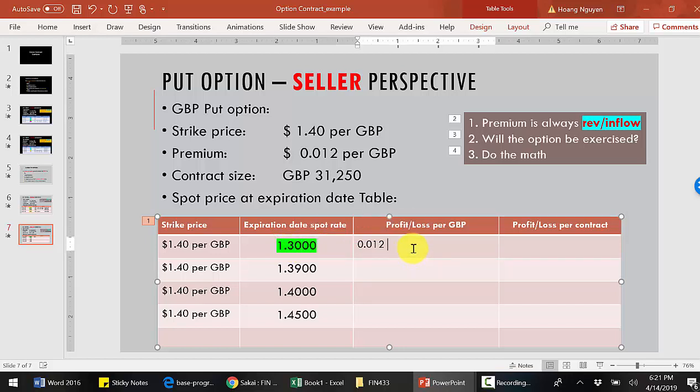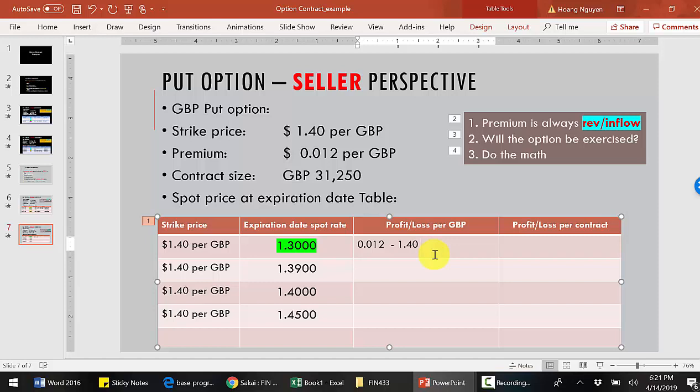So now the seller has to pay 1.4 per pound, right? Because it is the strike price.